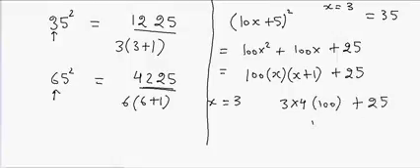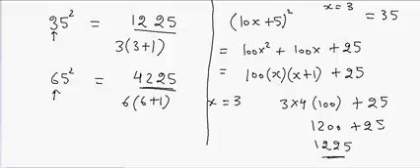That will give me 1200 plus 25, so we'll get 1225. So this is how this trick works. Basically we are adding 1 to the first digit, multiplying it with the first digit, multiplying by 100 and then adding 25 in the end.